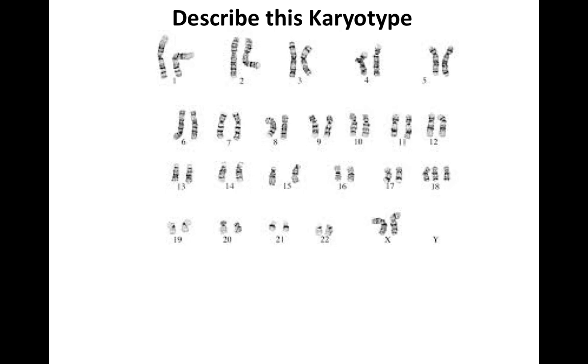Now let's describe this karyotype. Look for the pairs of each two chromosomes, except chromosome 18, which has 3 copies, trisomy, so it is called trisomy 18, and the sex chromosomes are 2 X. So the total number of chromosomes and karyotype description is 47, XX, comma, plus 18.